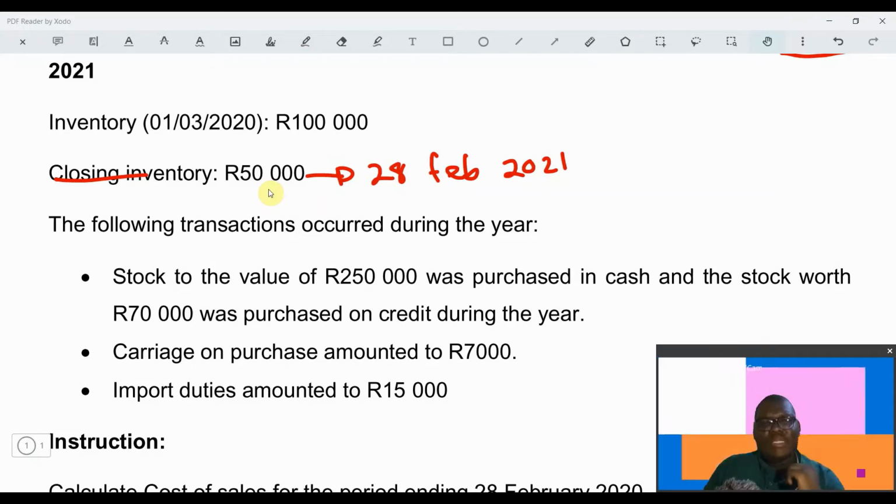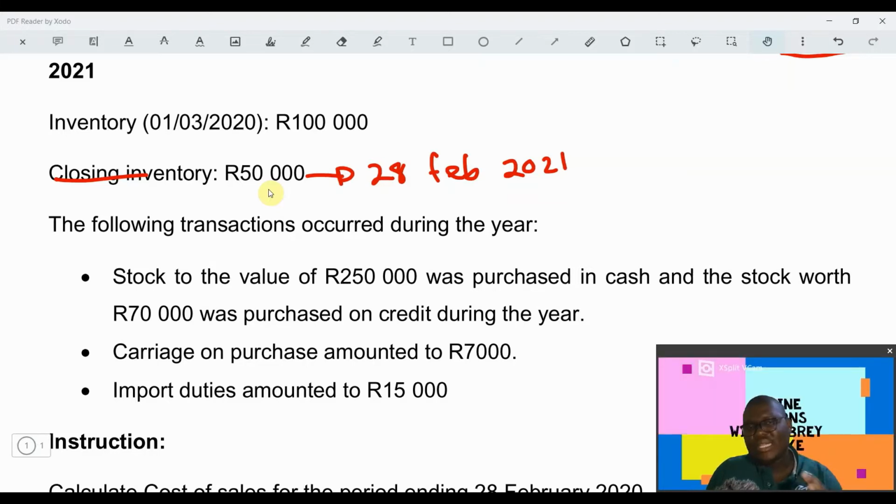Now, the basic calculation for this cost of sales transaction says you're supposed to take your opening inventory, add it to the purchases that you've made during the year. If there were any returns made during the year, you must subtract them. And if you incurred any carriage on purchases or transport expenses to transport the stock, you must take that into consideration.